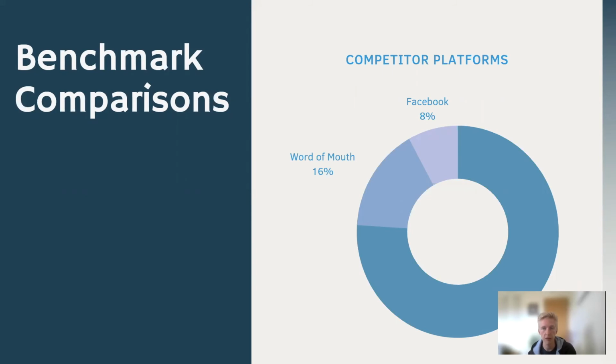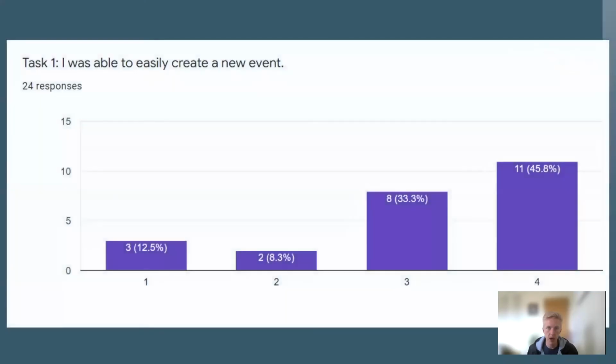And of course, word of mouth and Facebook as well. And so compared to these benchmark comparisons, we wanted to look across our three core components: ease of use, engagement, and confidence, and see how users felt that SocialFit compares to their usual method.